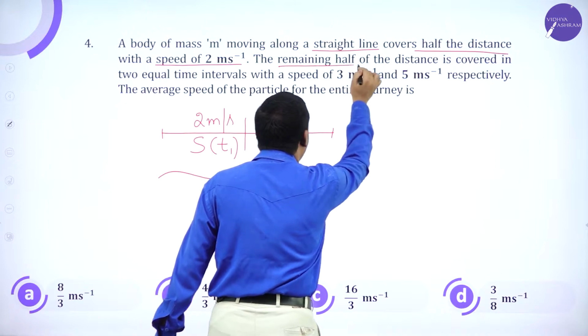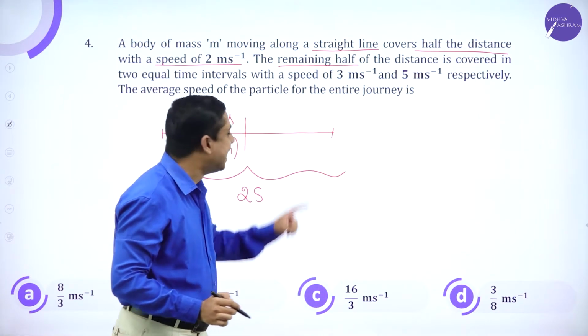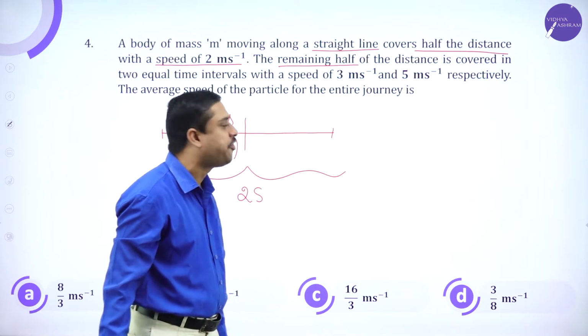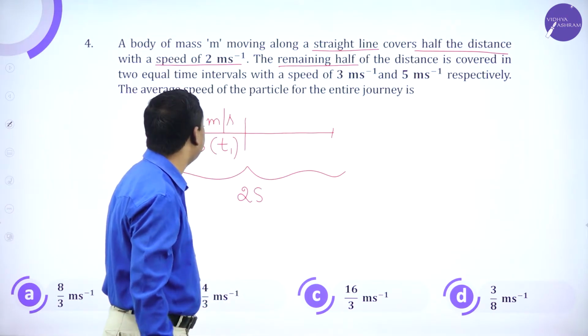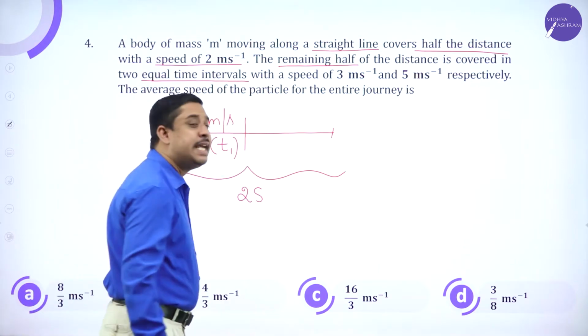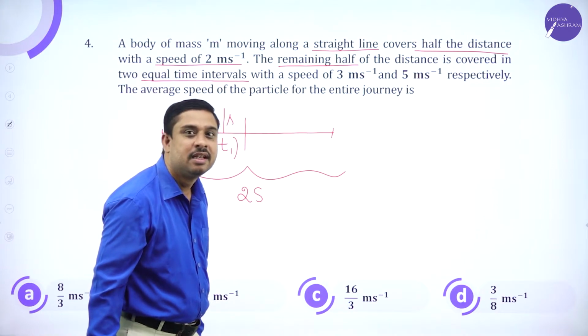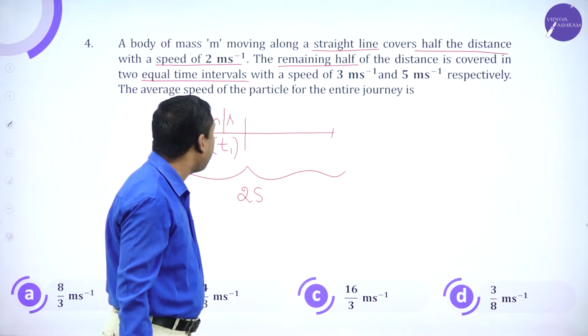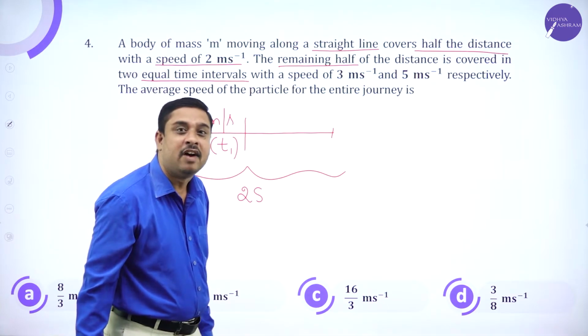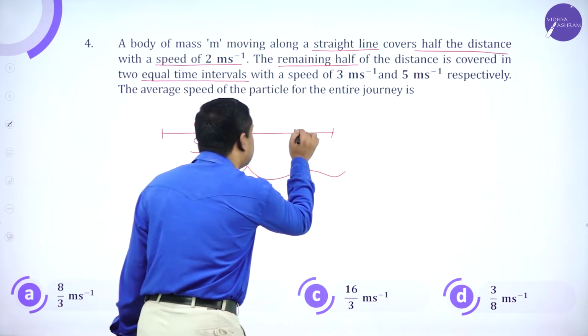The remaining half, the other remaining half, is covered in 2 equal intervals.